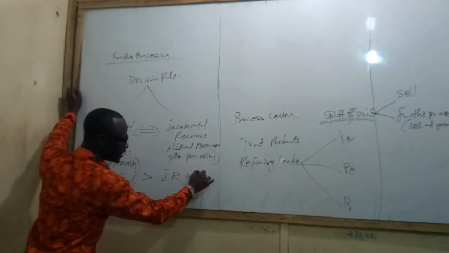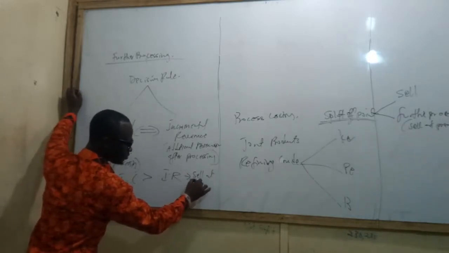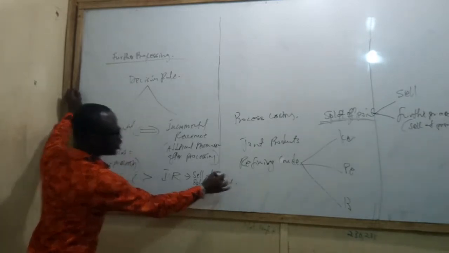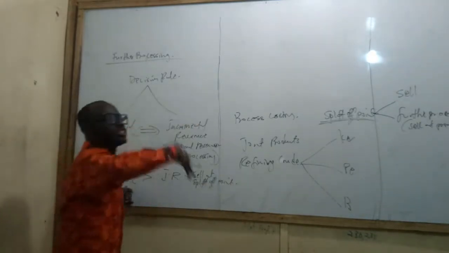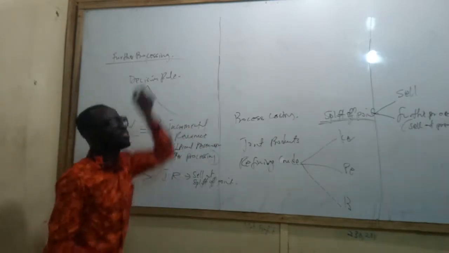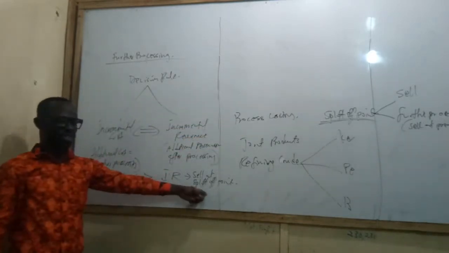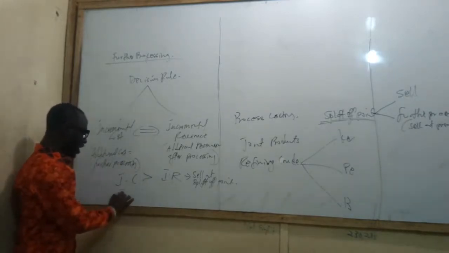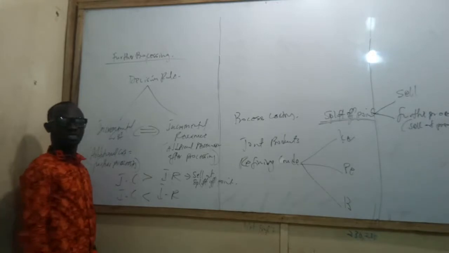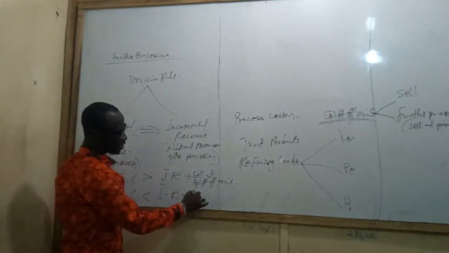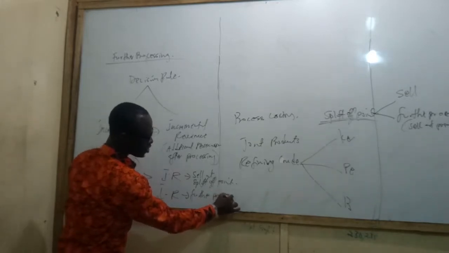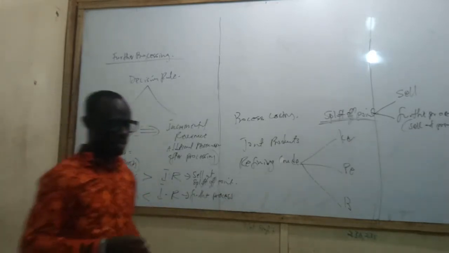So we sell at the split-off point. But when the cost is less than the incremental revenue, certainly we further process. So that is the decision rule about further processing.